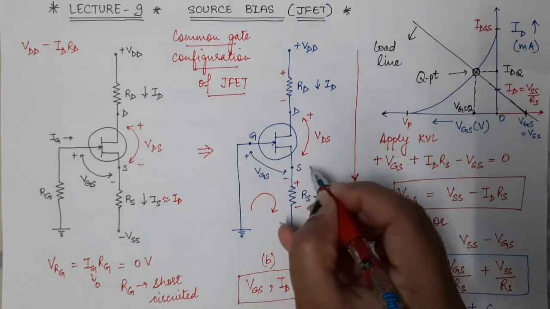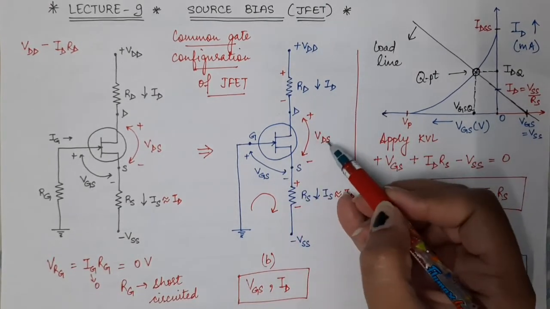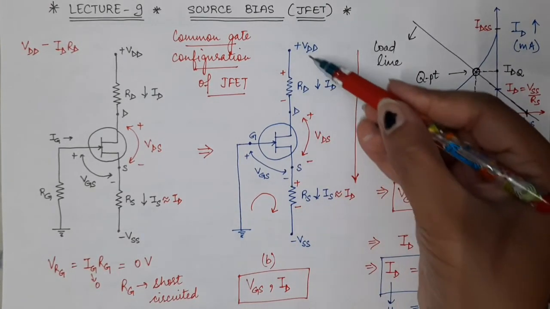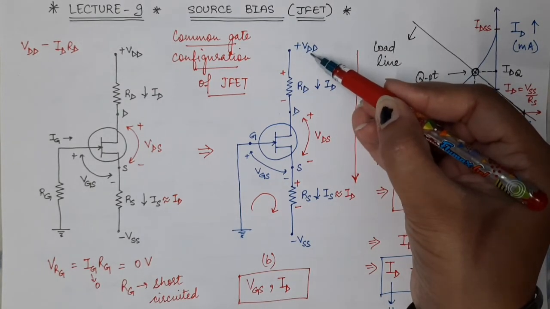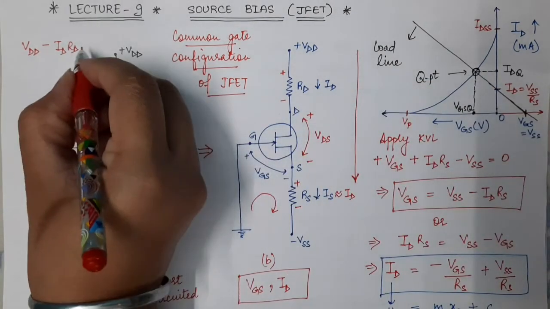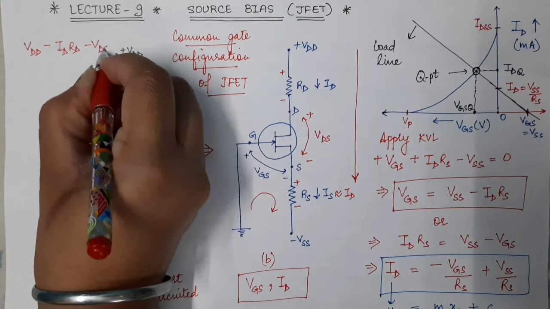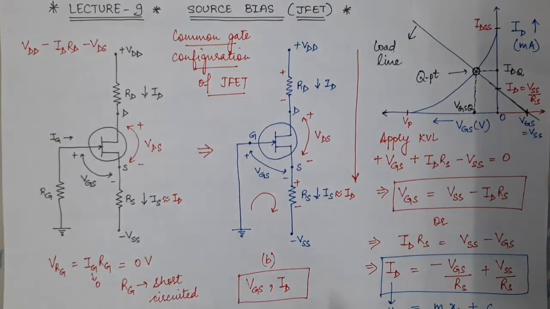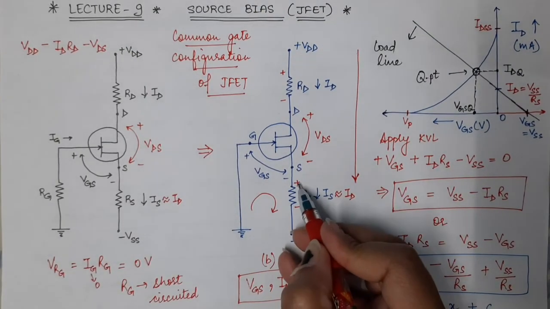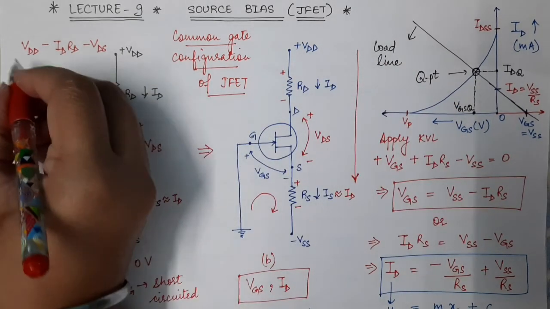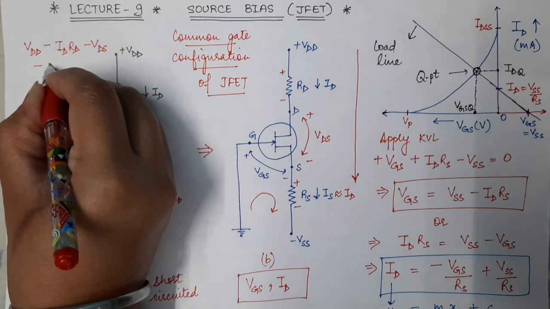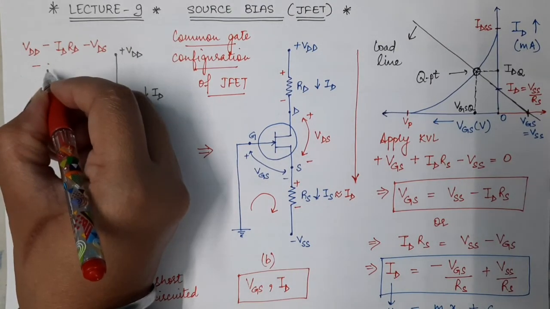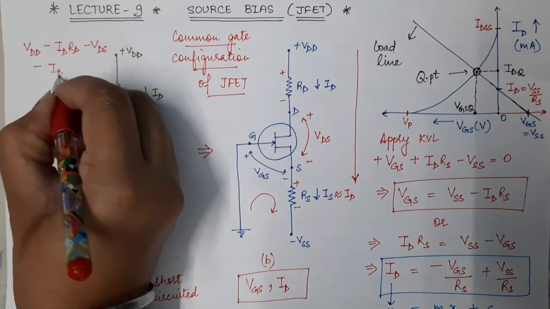Then again the sign of VDS: this end is positive, which is not alternate corresponding to this VDD biasing voltage, so again negative VDS. Then again current is flowing in this direction, so this end is positive, but it is not alternate corresponding to this VDD, so again negative, minus ISRS, and IS is approximately equal to ID, so you will write ID here.